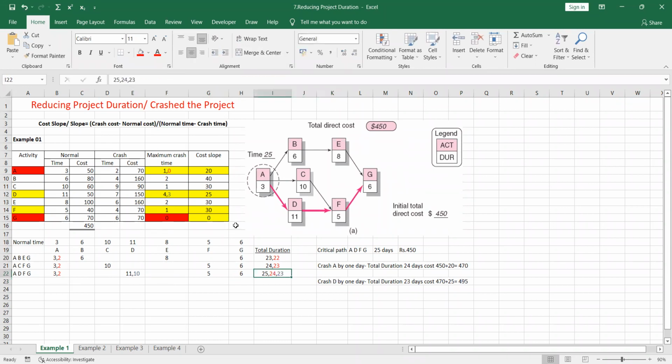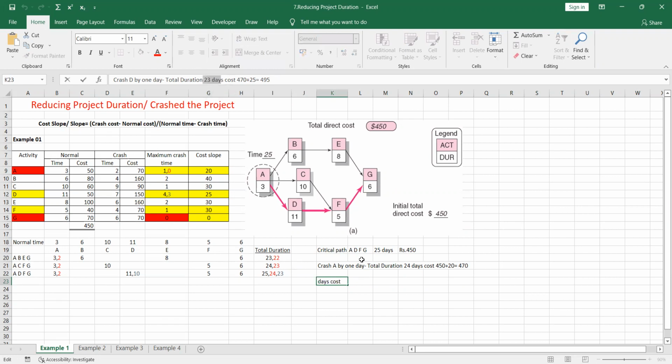So after crashing D activity by 1 day, what is the total duration or the longest path that we are taking? තාම longest duration එක වෙන්නේ කීයද? 23. මේ 22, 23, 23 තියෙන්නේ. එහෙනම් total duration එක 23.